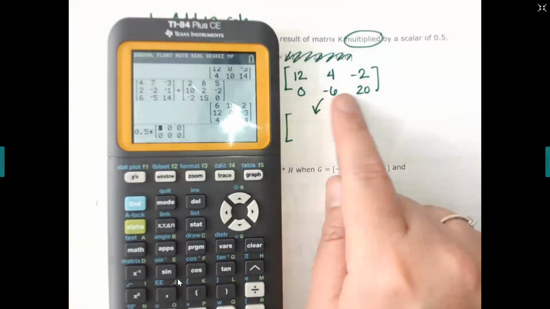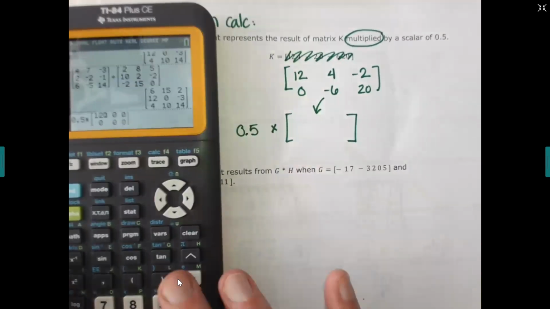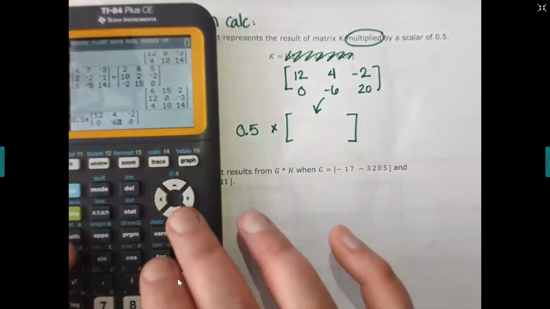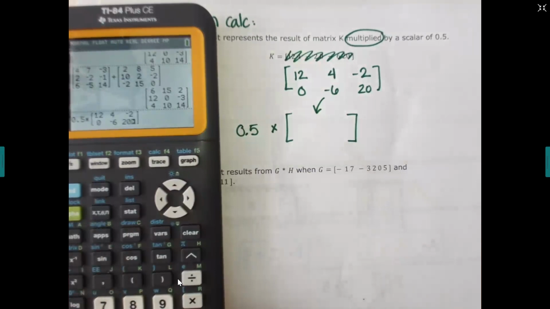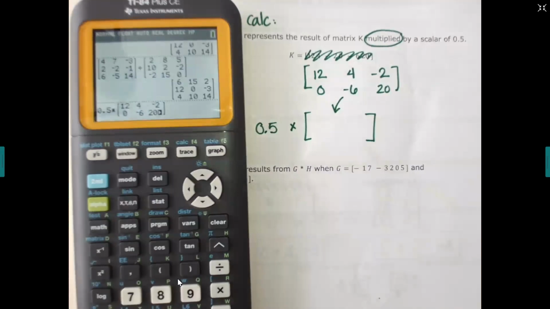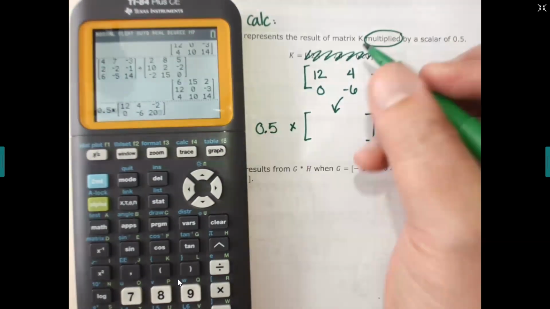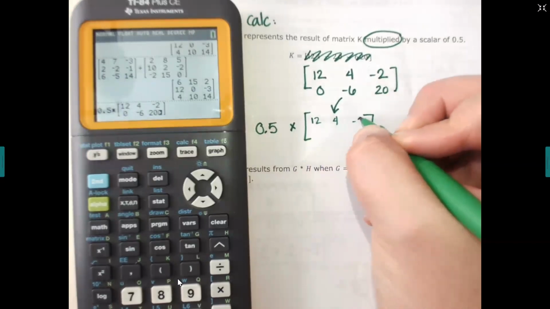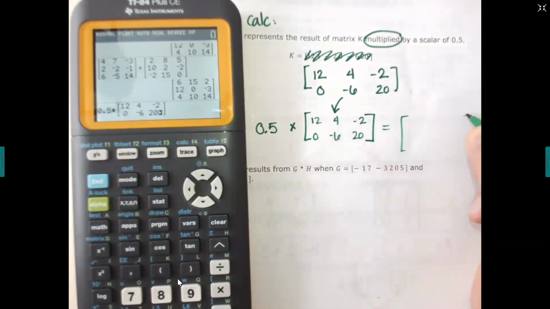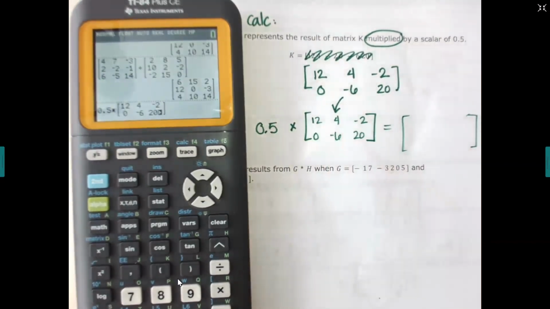And then I'll put these numbers in right here. So it'll be 12, 4, -2, 0, -6, and 20. And what your calculator is gonna do for you is times every single one of those numbers with the 0.5. So let me know if you need help with that. Okay, good job.